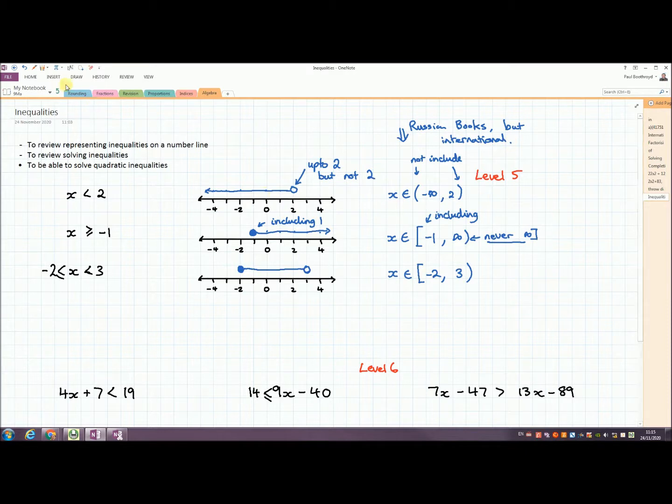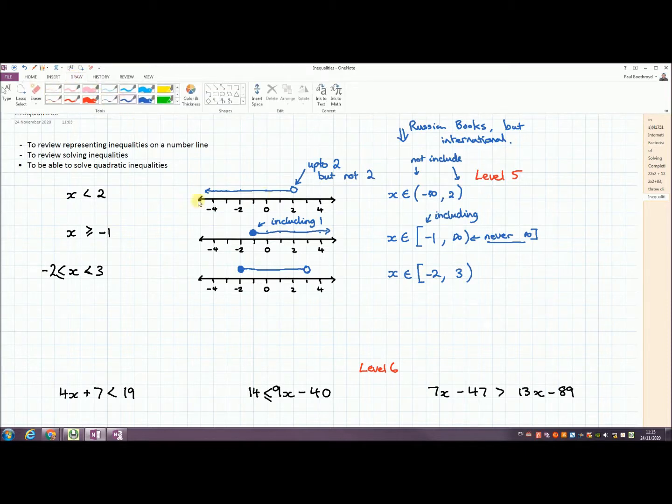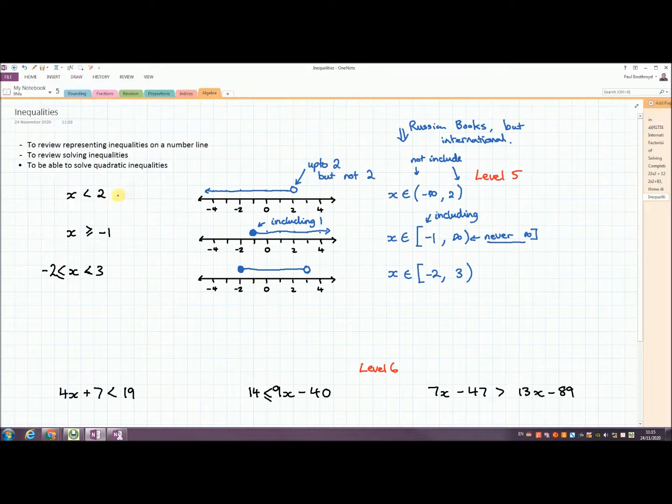The one other thing I'd like to show you is related to this more than anything else. You can sometimes get inequalities, especially quadratic inequalities, where we've got two conditions, and we've got x is less than minus 2 and x is greater than 3.